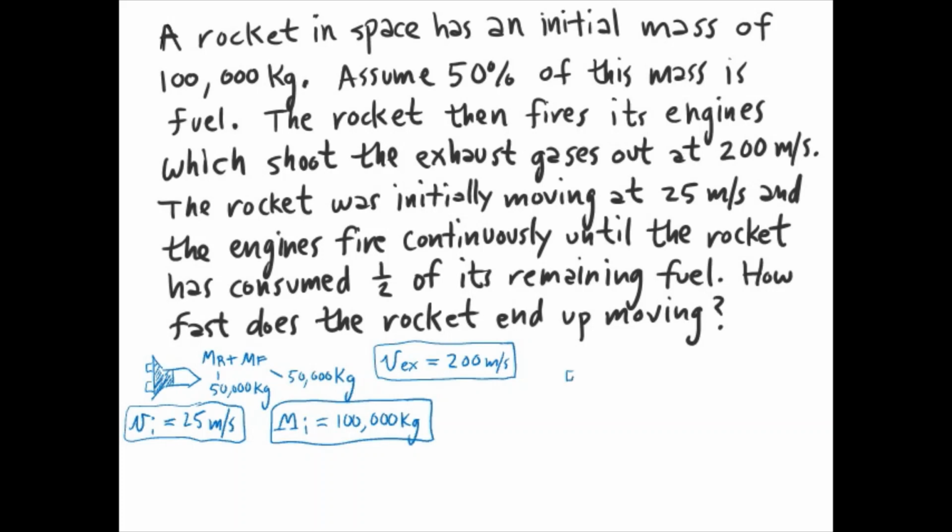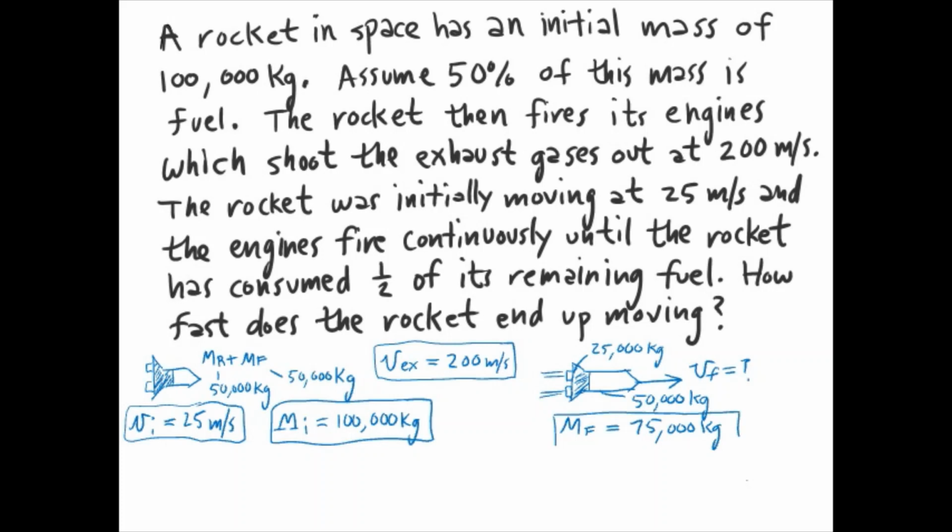And so that means after the rocket has fired its engines, sometime later, the rocket doesn't have as much fuel in it, but now it's moving at some final velocity which we want to determine, where it shot the rocket exhaust out the back like that. The mass of the fuel that's remaining here would only be 25,000 kilograms, but then we also have the mass of the rocket, which is 50,000 kilograms. So the final mass of the rocket here, after sending out the fuel, would be 75,000 kilograms.